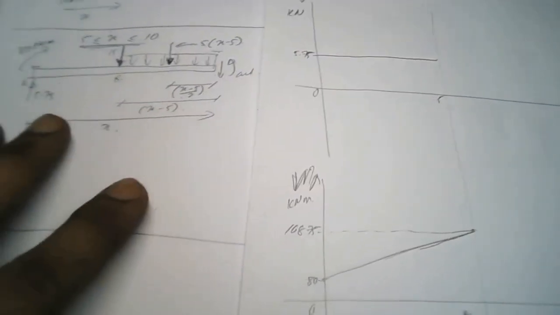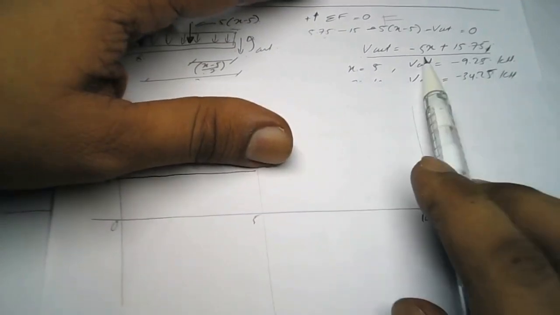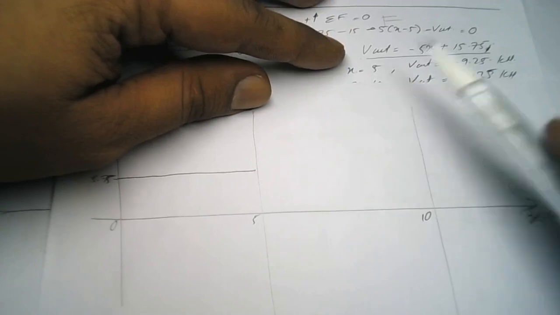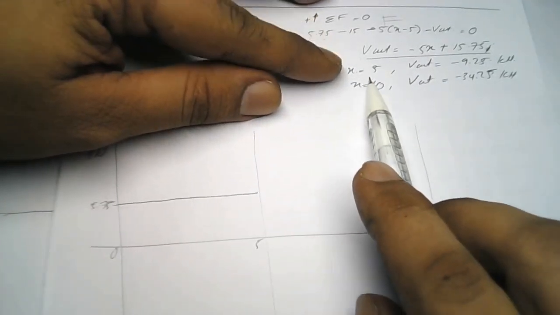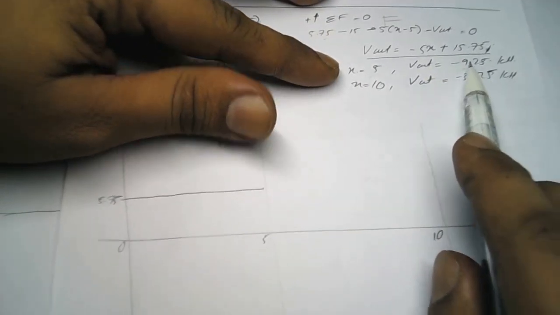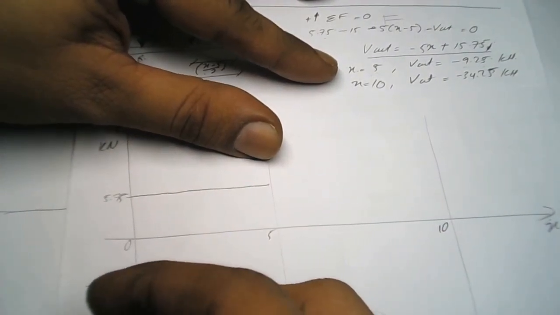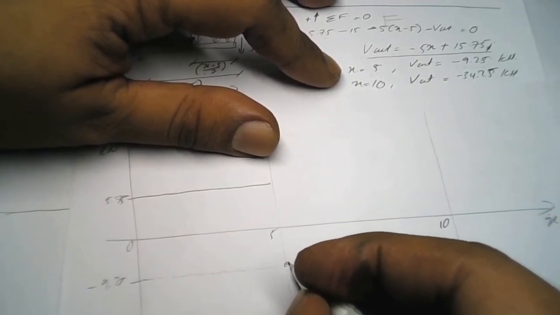Okay, so we go to the second section. In the second section, we have a linear equation for the shear force. Let's say if x equal to 5, the v cut is negative 9.25, so that means negative 9.25 at this point.